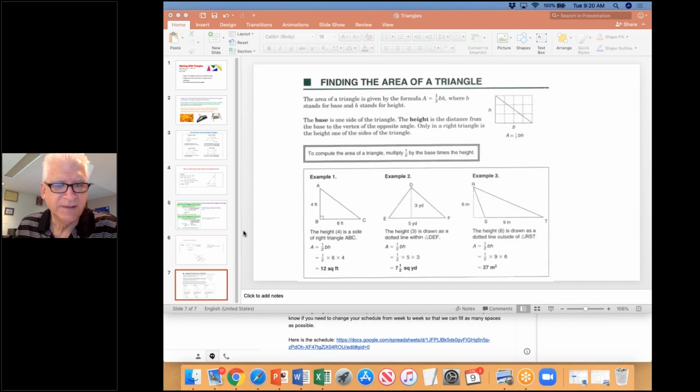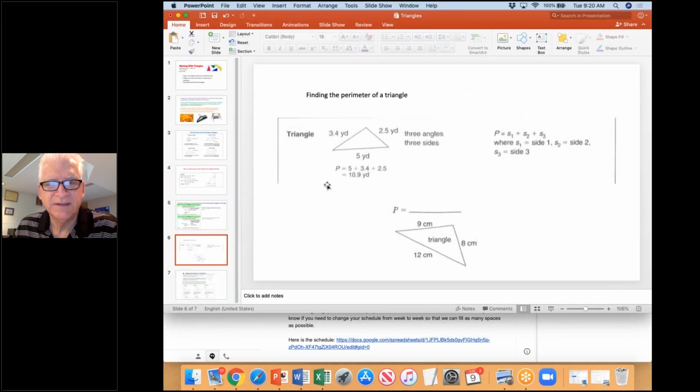All right, so I mentioned earlier finding the perimeter of a triangle. The perimeter of a triangle is simply the distance all the way around. So in order to find the perimeter of a triangle, you just add the three sides. In this example, we have 3.1 yards for this side, 2.5 yards for this side, and 5 yards for this side.